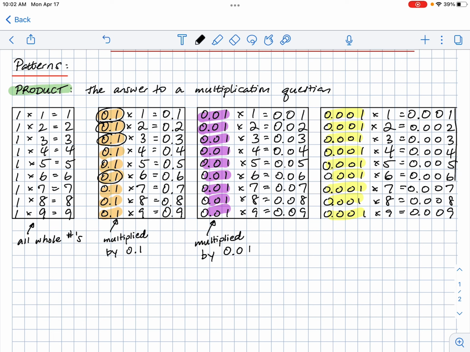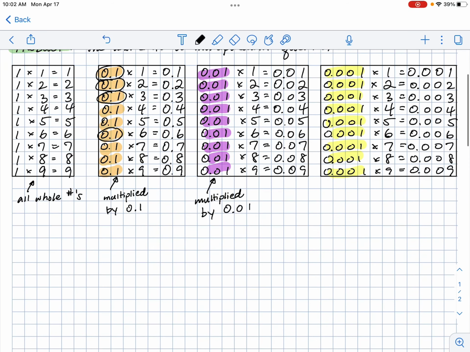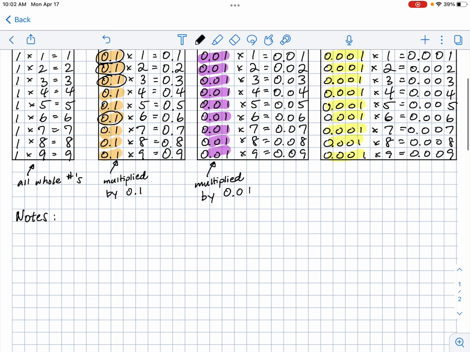Okay, so block this out when you can. Okay. So you know the pattern is going to continue if we continue to the 10,000ths, the 100,000ths, and the millionths. But we're going to stop here at 1,000ths. So here we go. Notes. What have we seen from above?